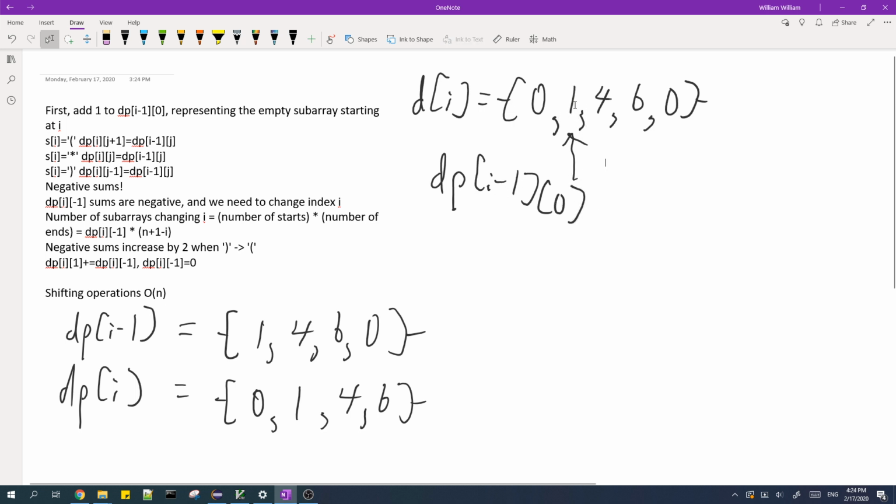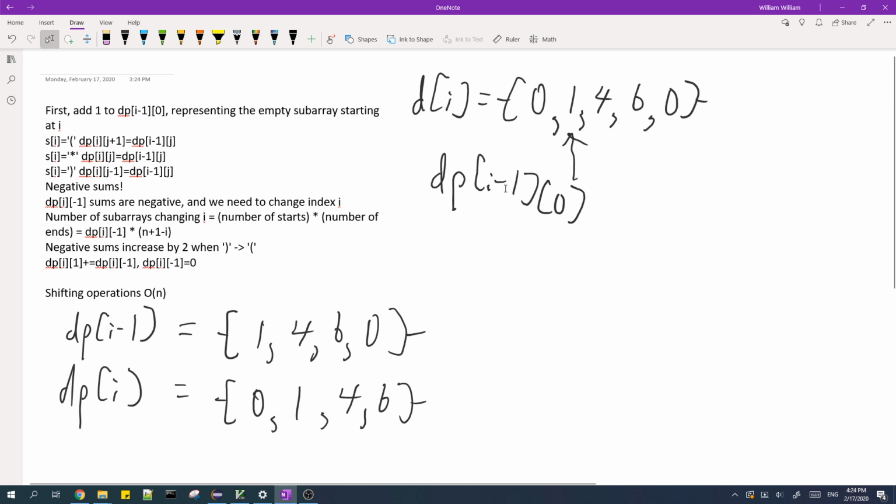Then we look at the pointer and add 1 to it. The same thing happens for other values. So if we want dp of I-1 of j, we look at the pointer for dp of I-1, and then add j to the index in order to find the value in D.